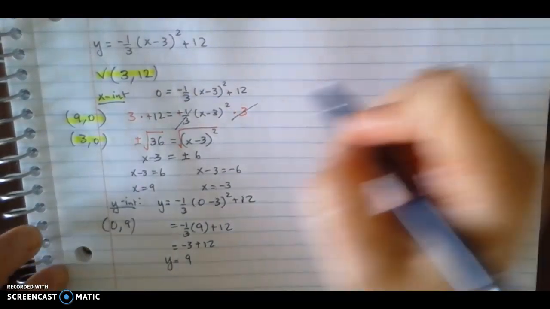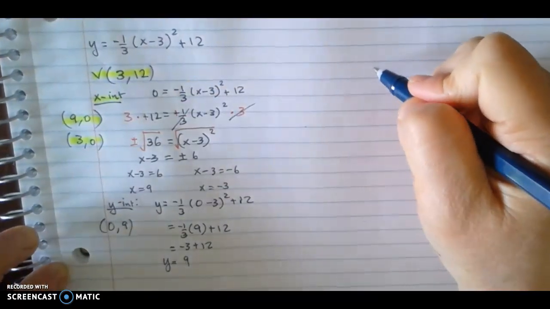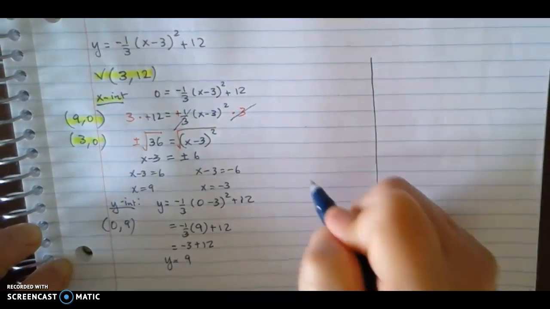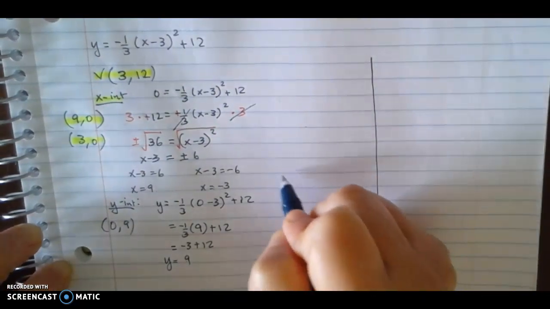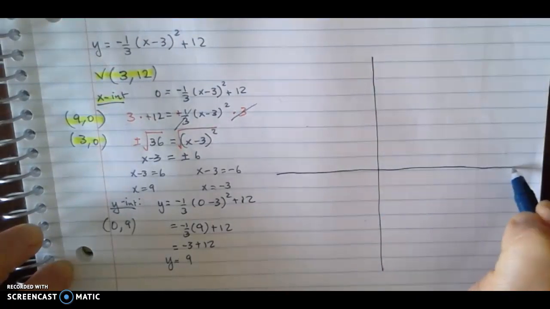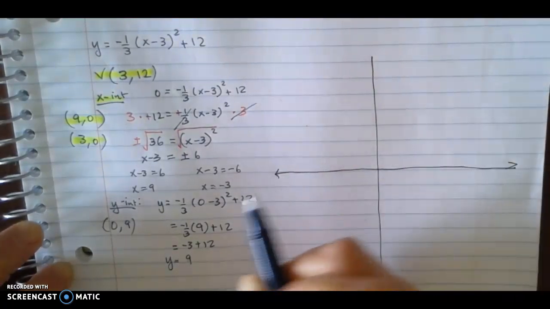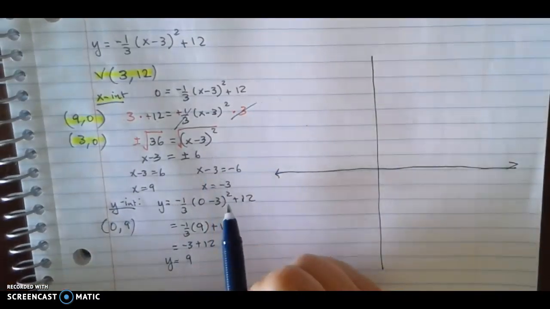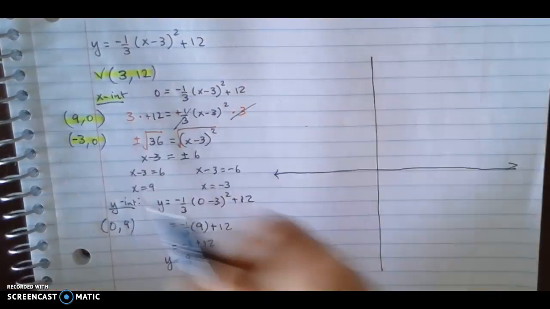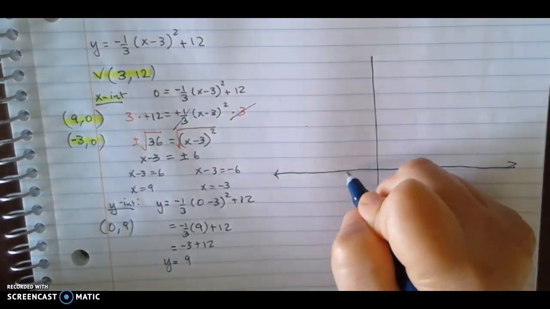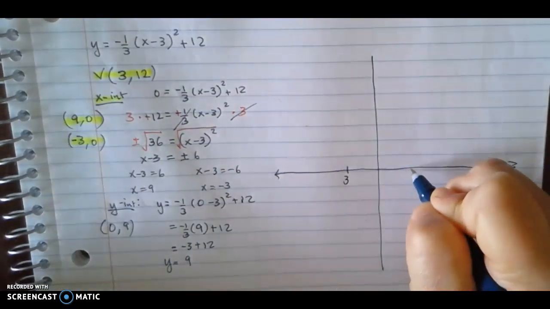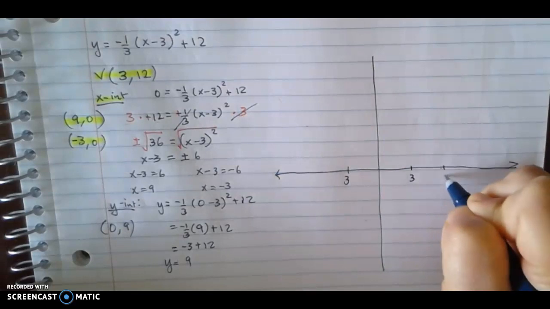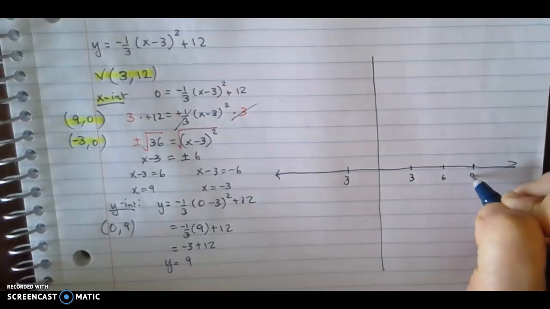Okay, so now that we've figured out all the points, we can find those points on the graph. We want the x-intercepts to be, I'm sorry, I made a mistake here, negative 3 and positive 9. So if this is 3, there will be about 3, 6, and 9 here.